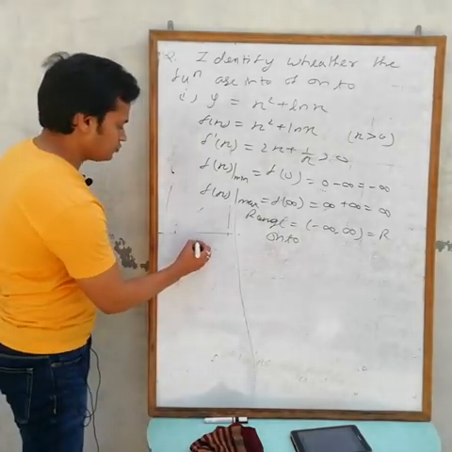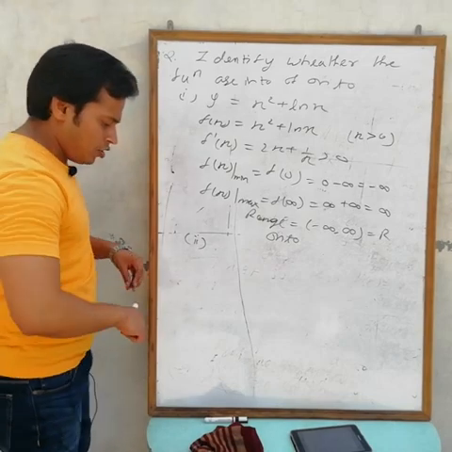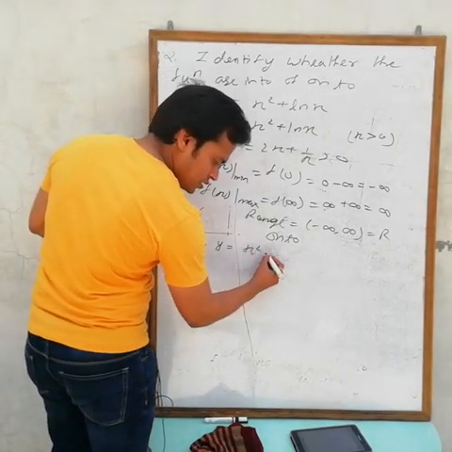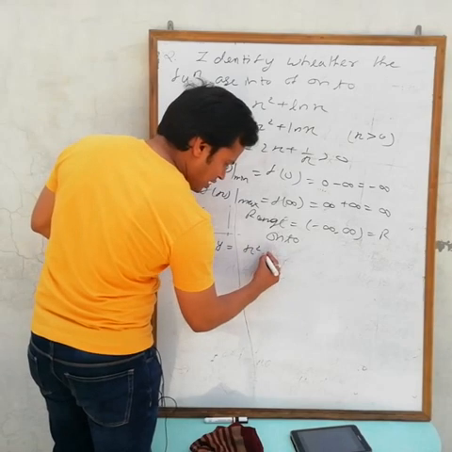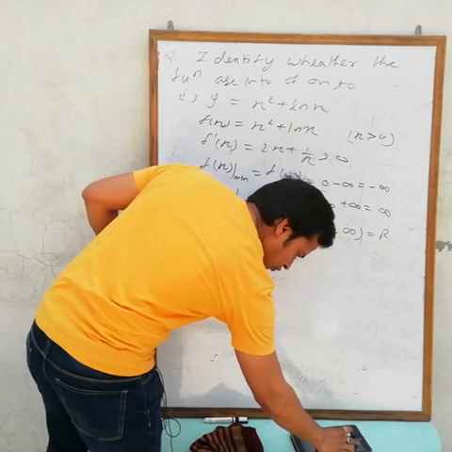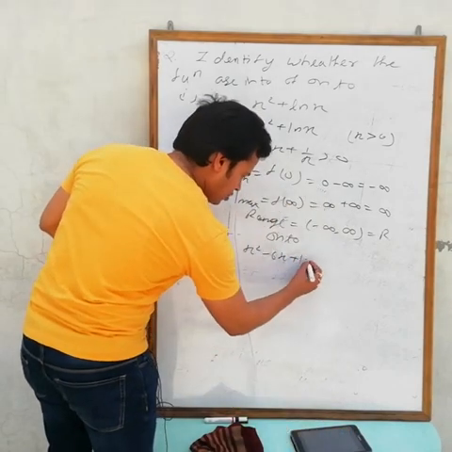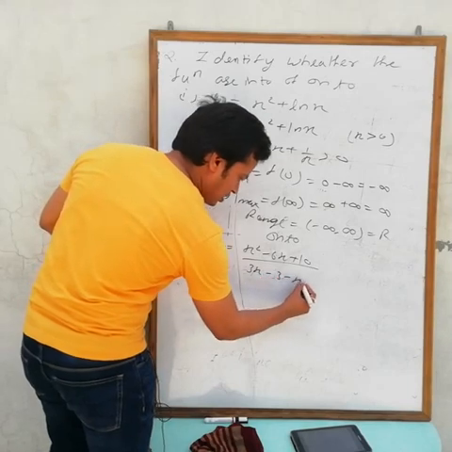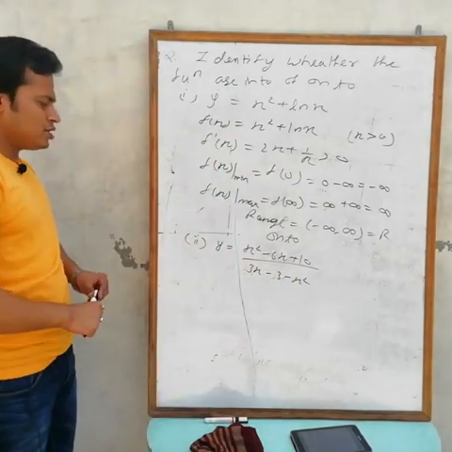Okay, second one: y is equal to x square minus 6x plus 10 by 3x minus 3 minus x square. Suppose this is the question.